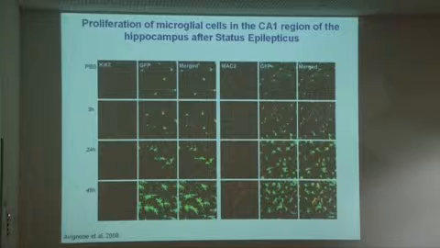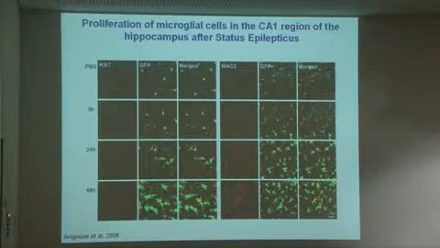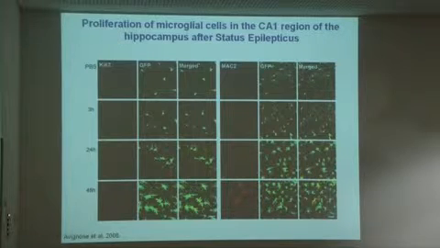We do not exclude that there could be some recruitment of microglial cells in addition to the proliferation that might explain the doubling of the numbers. Okay, so far so good. We have a model in which we do reproduce the morphological activation of microglial cells, so then we can start to look at their functional properties.